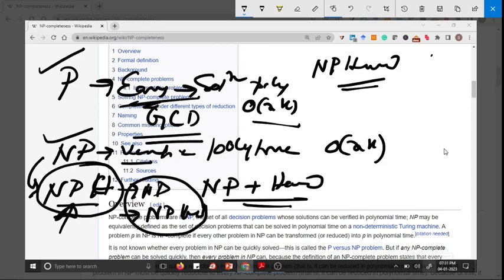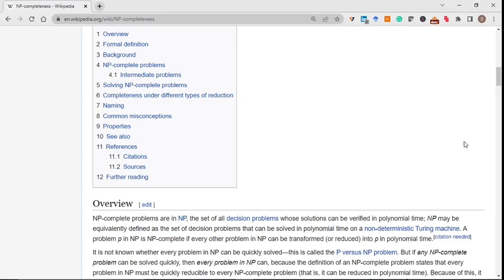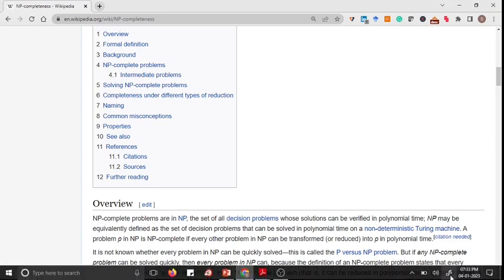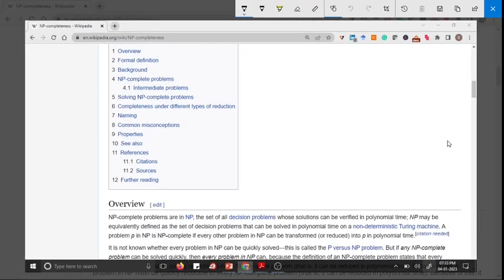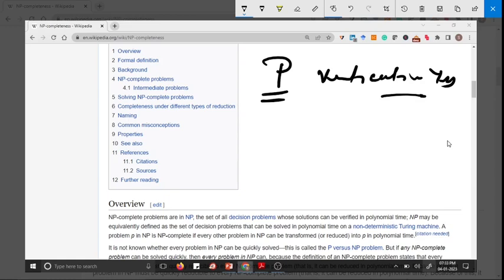Then reduction and everything will come. I will tell you the definition. These are all set things. Also, try not to visualize this whole thing in terms of sets. Another thing is that if you have a problem in P, whether verification in polynomial time is also possible for P? Yes, verification is the easiest thing.